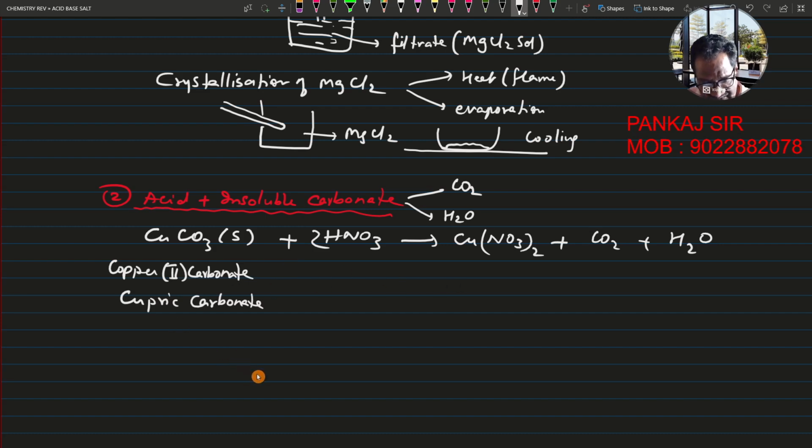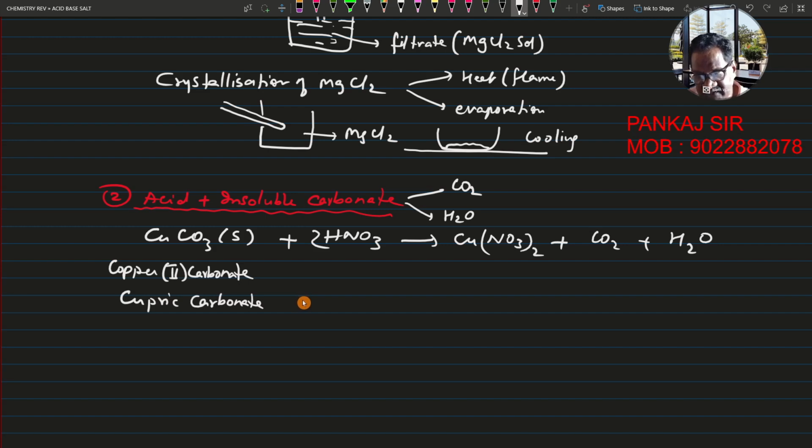Now here again, what you have to take care of is this metal carbonate, being insoluble, is in a solid state. So first you will have to take excess of carbonate, copper carbonate, in a beaker, and then you have to add nitric acid to it.